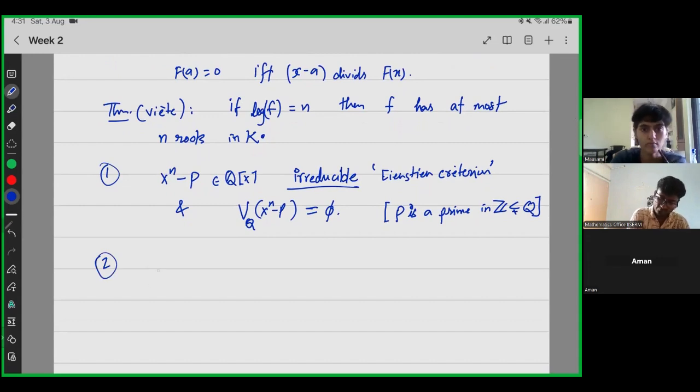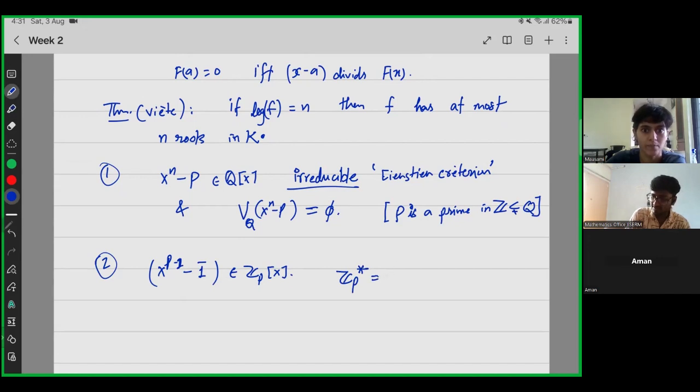The next example was x to the power p minus 1 bar, this polynomial in Z_p[x]. So what is the factorization of this? If you use group theory, Z_p star is a group. All of the elements will satisfy this relation. This is true for finite fields in general.